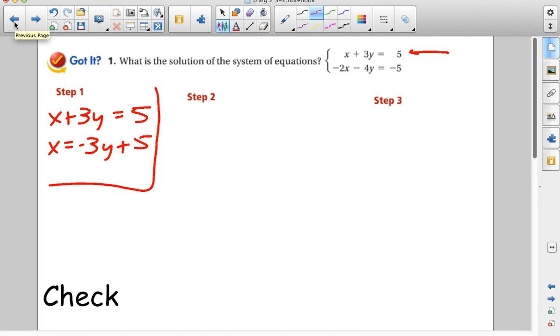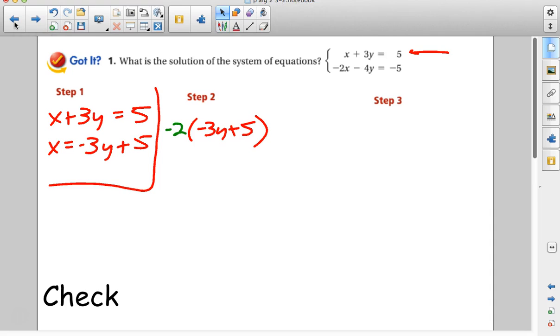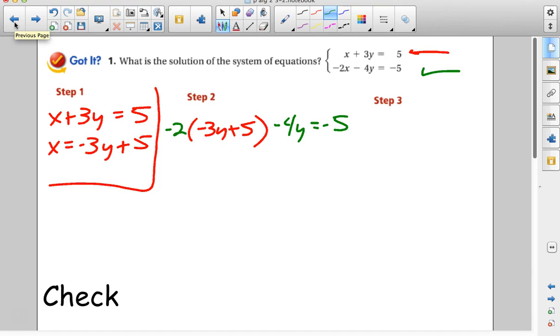So we'll do negative 2 times negative 3y plus 5 minus 4y equals negative 5. Something good just happened when we did that. How many variables do we have in there now? 1.